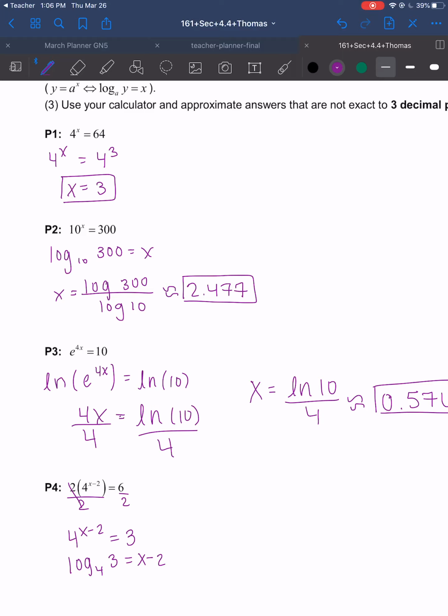I don't know what the log base 4 of 3 is, so I'm going to take log of 3 and divide it by log of 4 equals x minus 2. Whatever that number happens to be, I'll add 2 to it. I'll round to 3 decimal places, and then add 2, so you get 2.793 equals x.